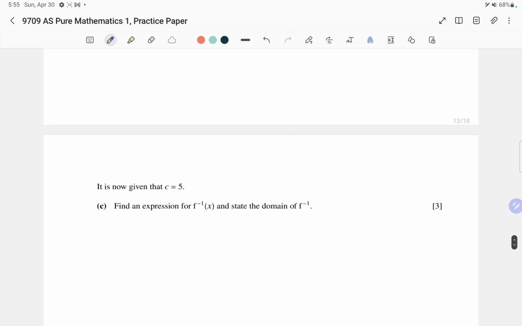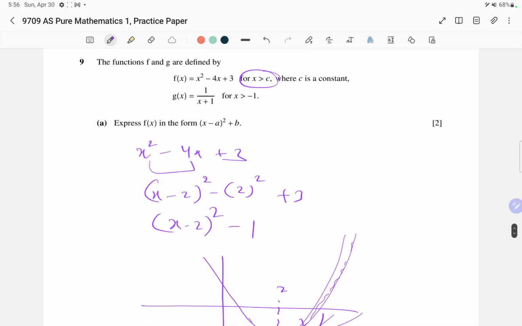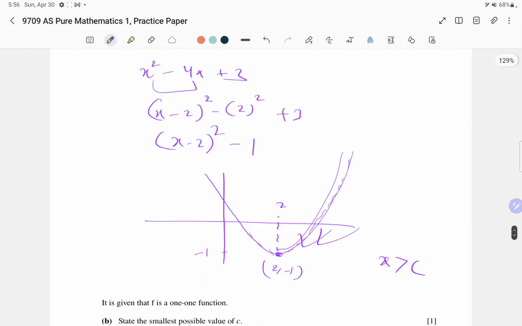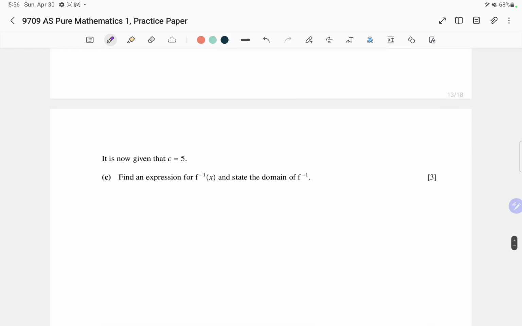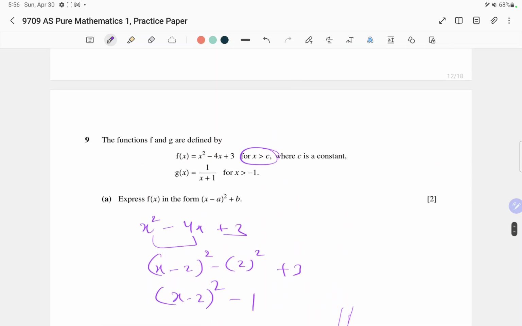Okay, now it is given that c is 5. Find an expression for f inverse and state the domain of f inverse. So now what is f(x)? f(x) is x minus 2 whole square minus 1, where x is greater than c.